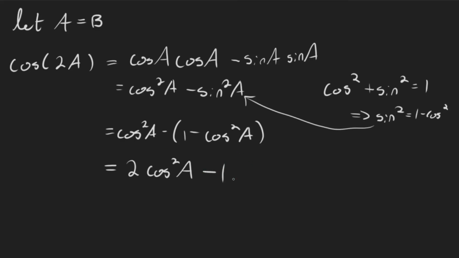And now if we add the 1 over and divide by 2, we can solve for cosine squared of some angle A, which has to equal 1/2 times 1 plus the cosine of 2A.